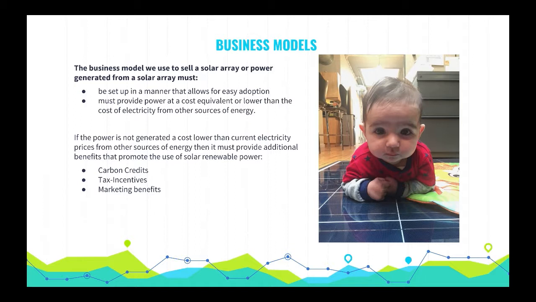Or maybe you're okay with paying the higher cost of renewable energy because there's some marketing benefit in it for your business. Or you maybe have a personal choice that, I really want to pay more because I believe in clean renewable power. But really, there has to be a reason behind why you're paying more compared to other fuels.